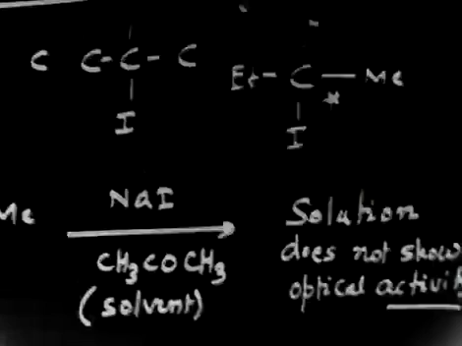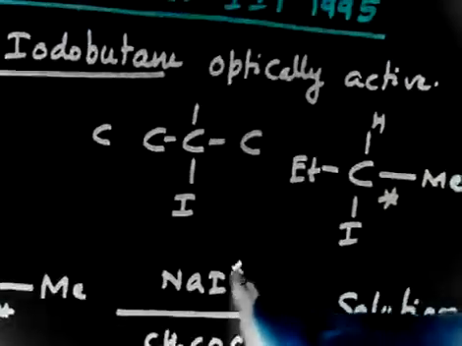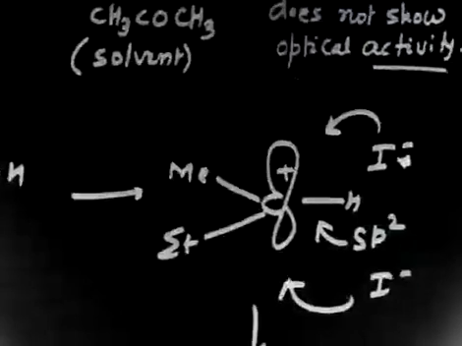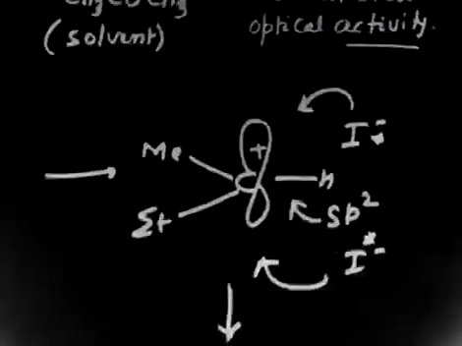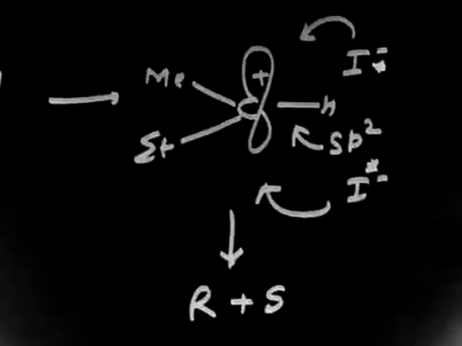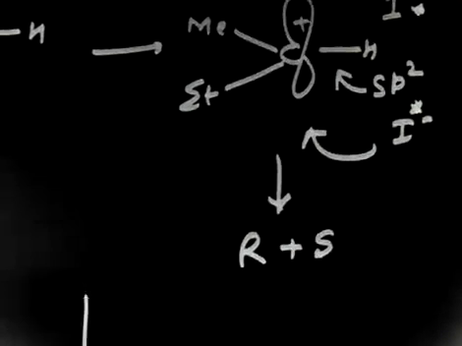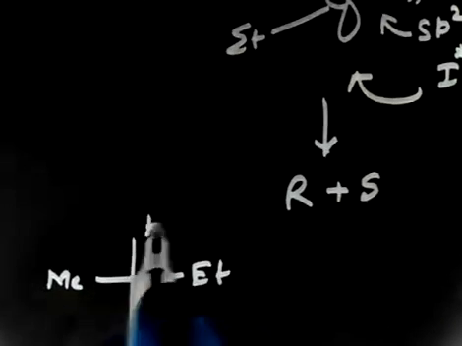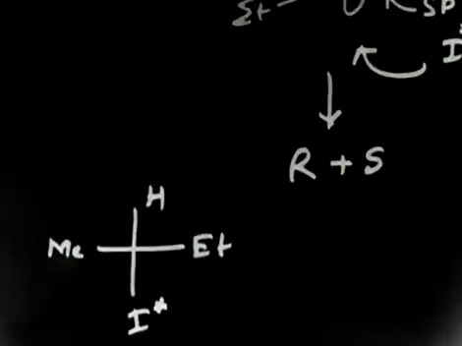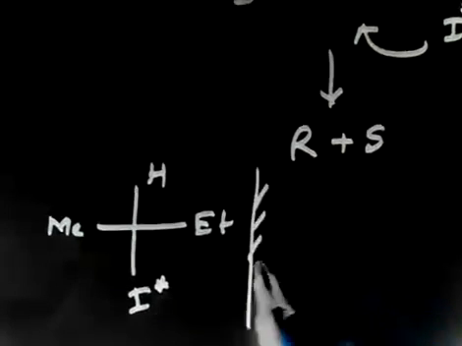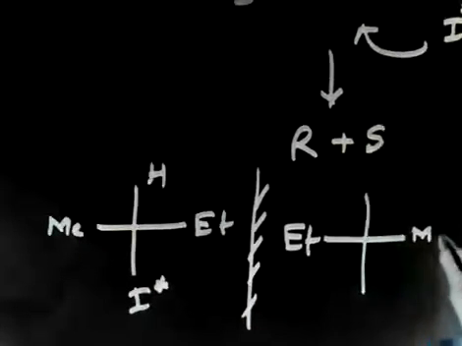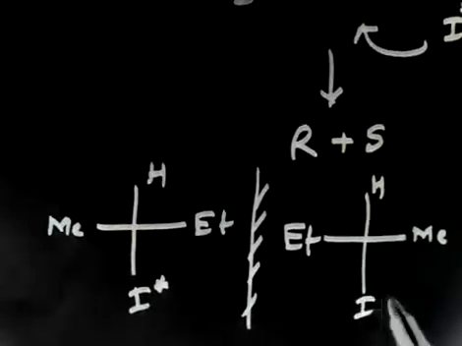So if I take radioactive iodine, the attacking iodine is radioactive, so the product will contain radioactive iodine. I will have CH3, Me this side, Et, hydrogen, and I star that is radioactive. Another product I will have is Et, Me, hydrogen, and I star.